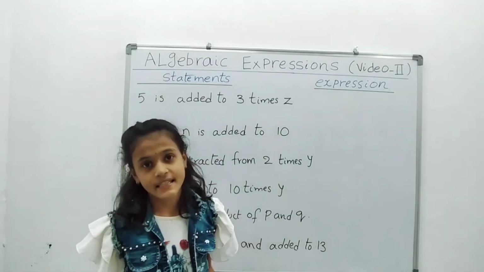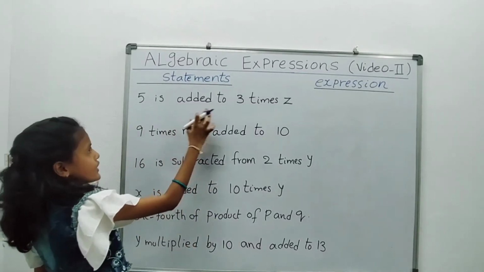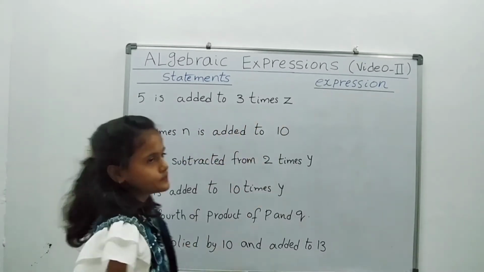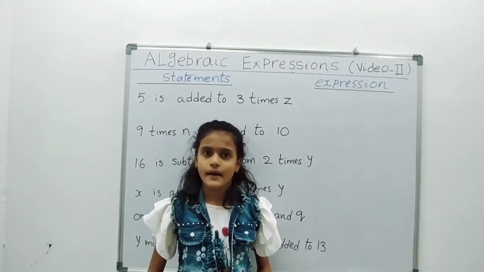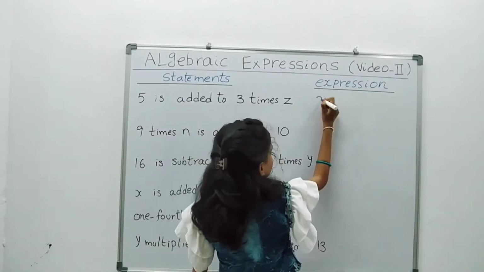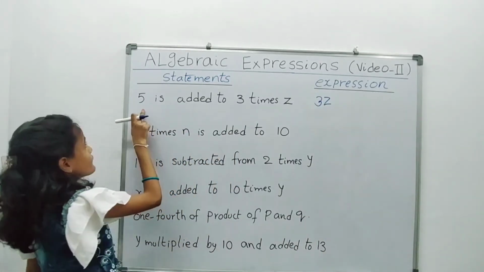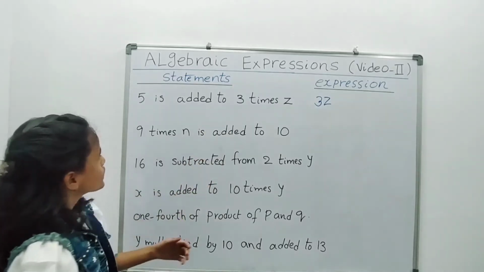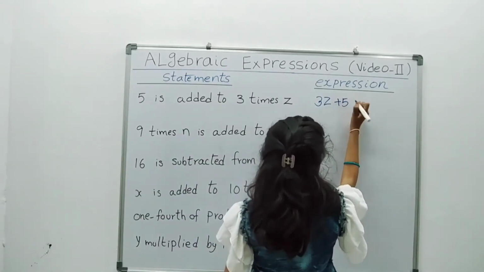Now friends, see. The first statement is 5 is added to 3 times z. 3 times z is 3 into z is 3z. And next, 5 is added to is plus 5.